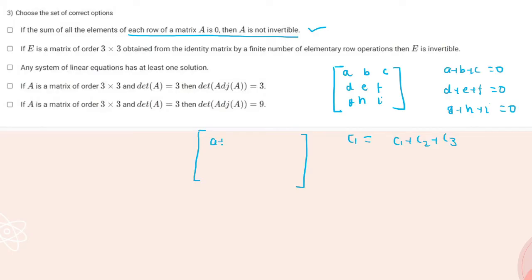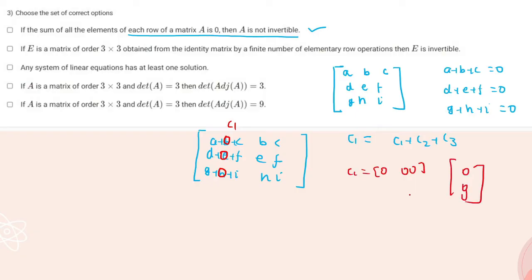So it will be a plus b plus c, then b, c; similarly d plus e plus f, then e, f; similarly g plus h plus i, then h, i. Okay, since all these values are 0, column 1 becomes 0, so the determinant of this particular matrix A will be equal to 0.